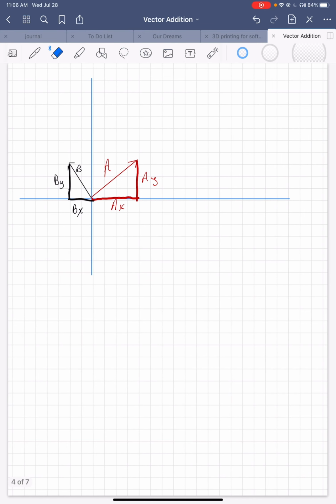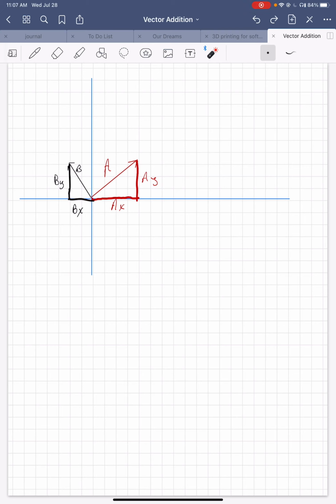So what would that look like? I would have my A and I'd have some Ax, along with the unit vector for x, some Ay and the unit vector for y, and some Bx and some By. Now I'm on a number line, two number lines, but still a number line.